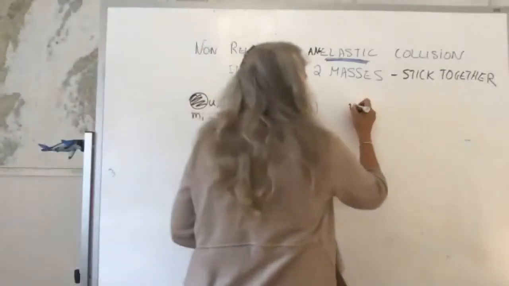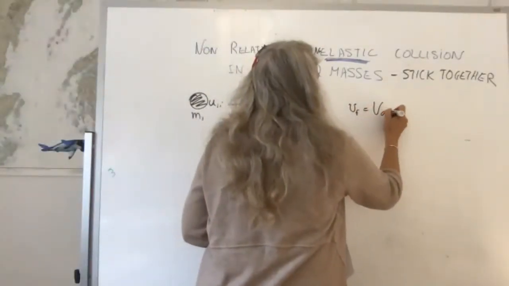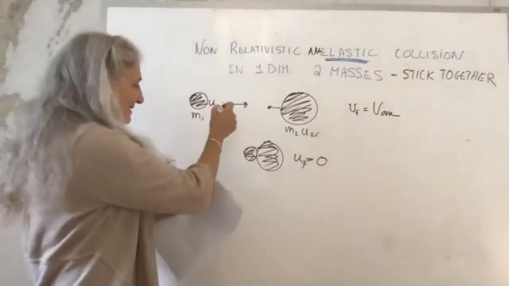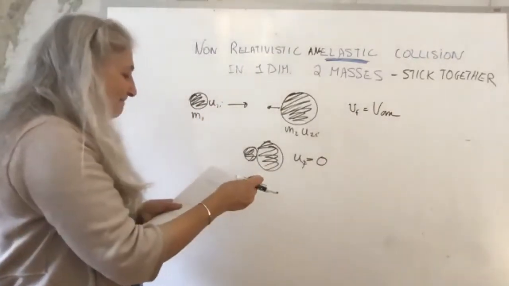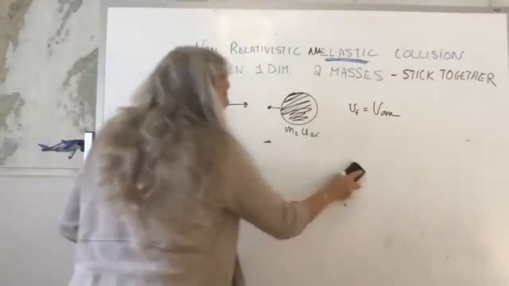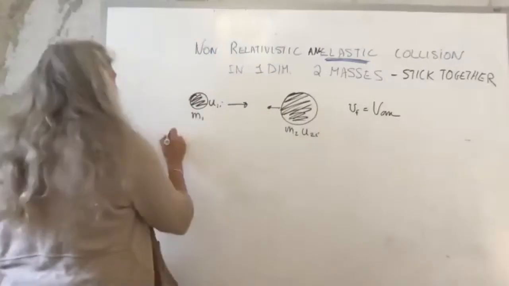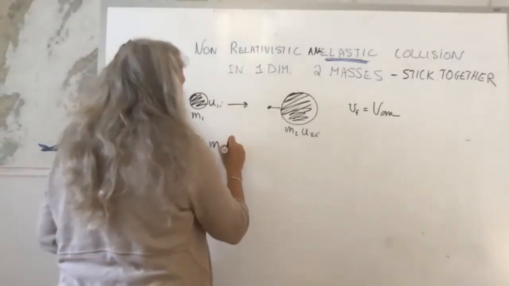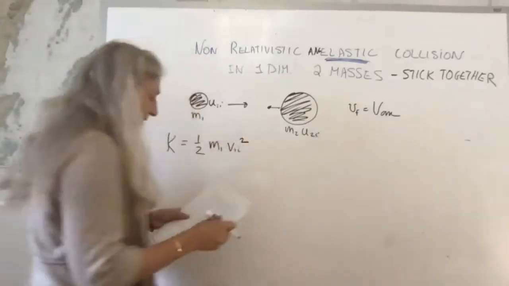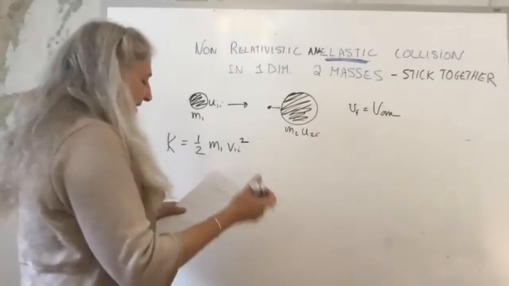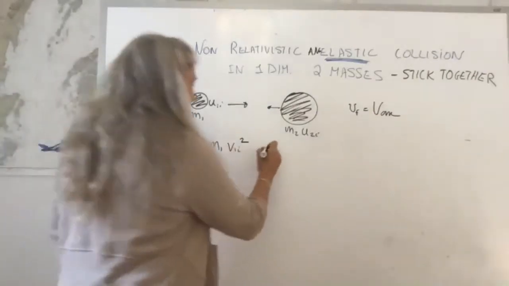So before we found out that the final velocity was the center of mass velocity. Let's look at now what the kinetic energies are. The kinetic energy prior to the collision looks like this, with V1I squared.